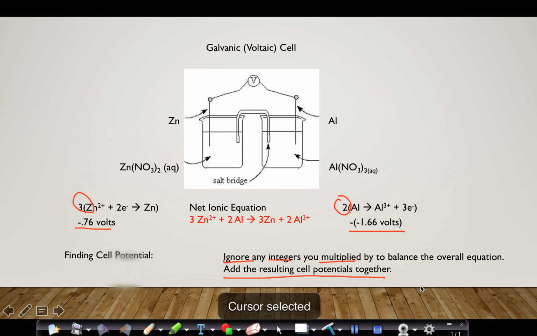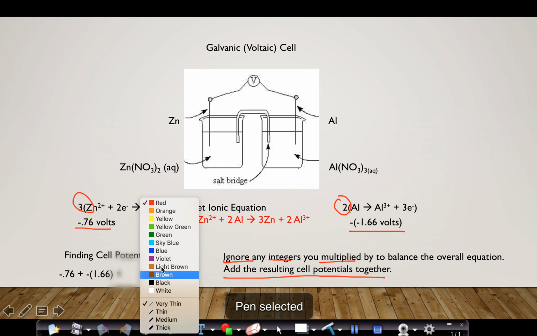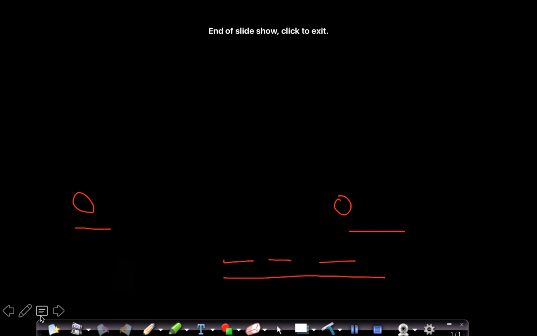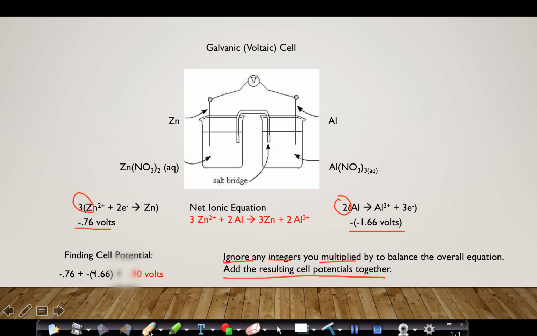We take the negative 0.76 from the zinc and the positive 1.66 for the aluminum. And when we add them together, we get the overall cell potential of 0.90 volts.